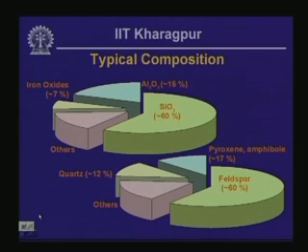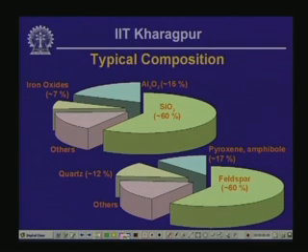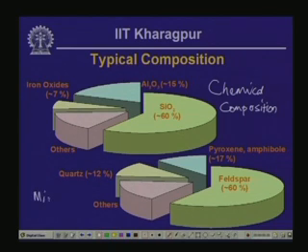Typical chemical and mineralogical composition of magma is shown on these pie charts. The pie chart on the top gives you the chemical composition of magma, and the one below shows the mineralogical composition.